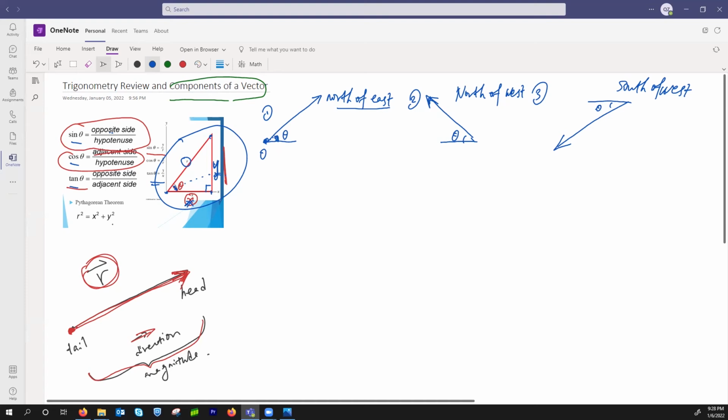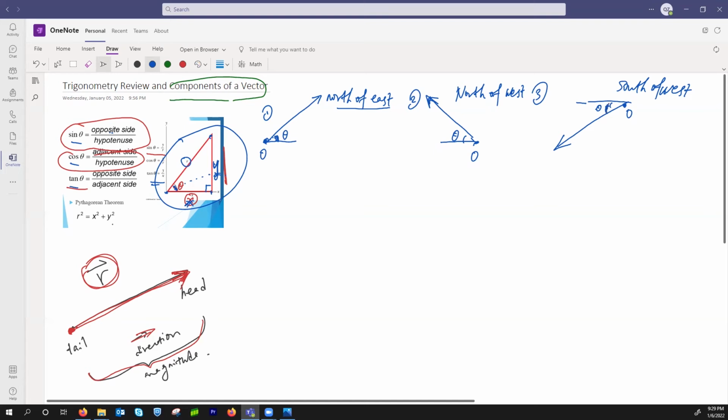Second example, again, it's a tail here, the starting point, and we have an angle theta. Going to the left, which means west, and then going up, which means north. So it's theta degree north of west. Third example, we have a starting point 0, going to the left, which means west, then going down, which means south. So it's a theta degree south of west.